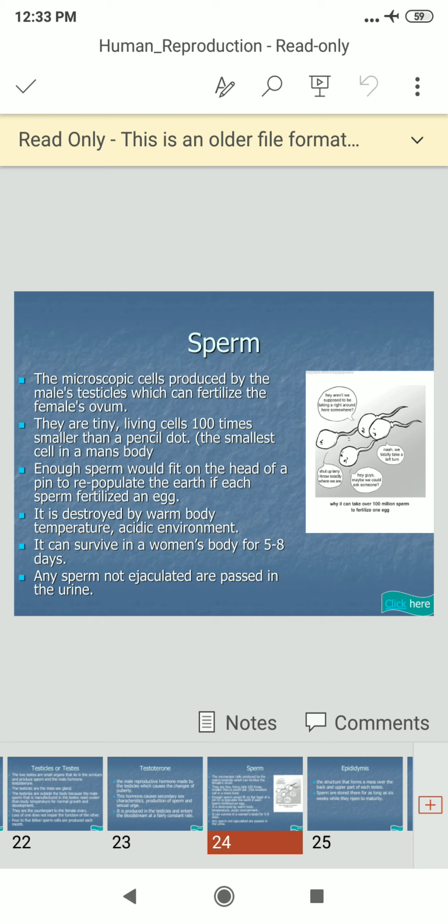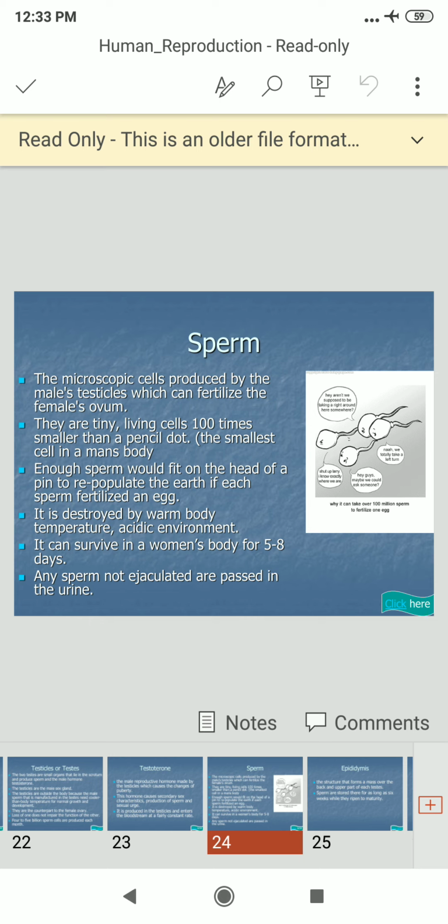In anisogamous species, sexual reproduction forms in which there is a larger female reproductive cell and a smaller male one. These spermatids then mature and in animals construct a tail and flagellum which give rise to the mature motile sperm. They are tiny living cells, 100 times smaller than a pencil dot.